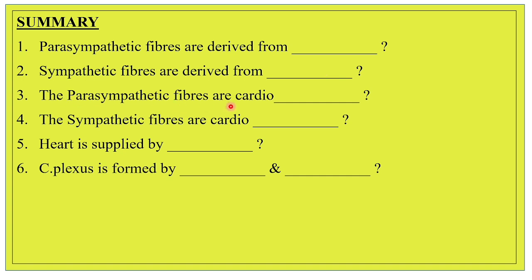The parasympathetic fibers are cardio inhibitory, and the sympathetic fibers are cardio acceleratory. The heart is supplied by the cardiac plexus, which is formed by the superficial and deep cardiac plexuses.